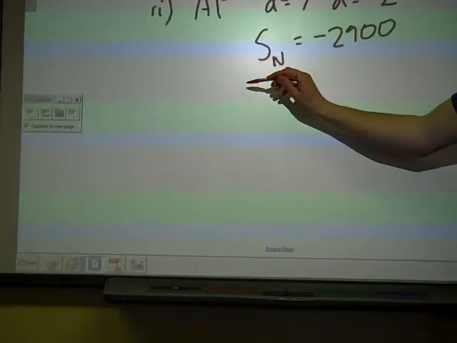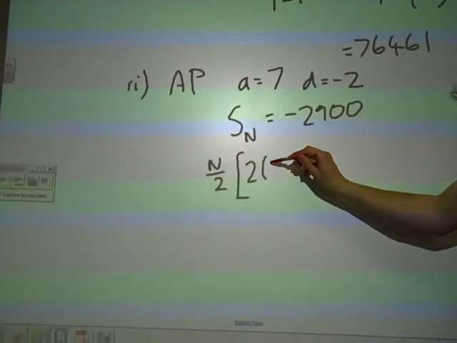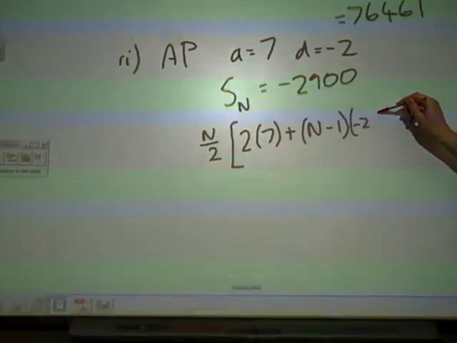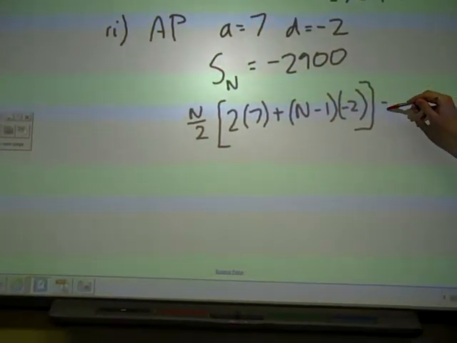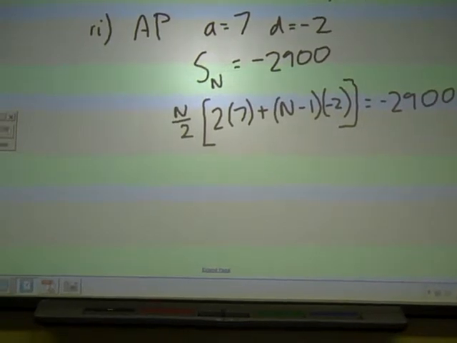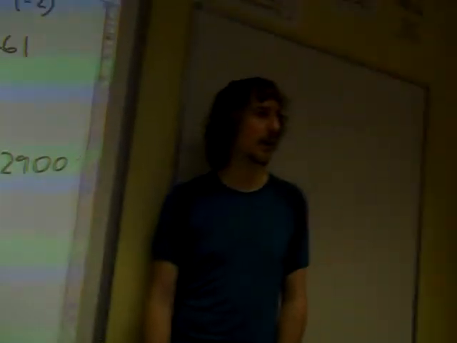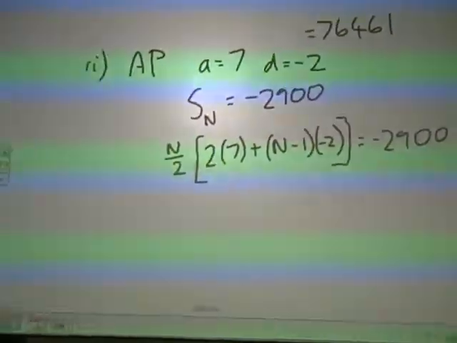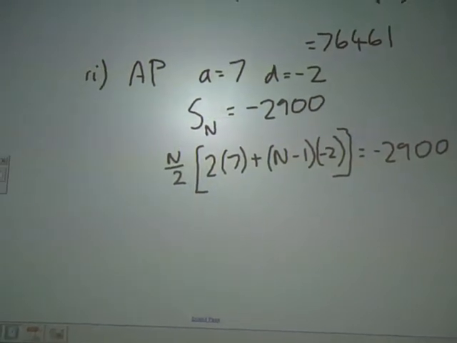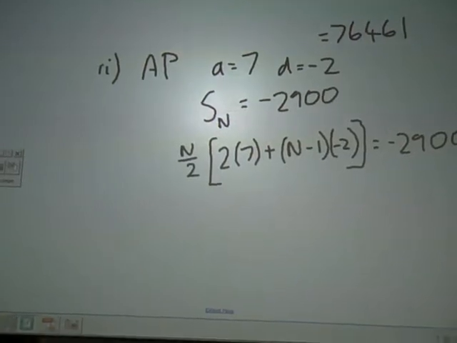It says n over 2, 2A plus n minus 1 times D, and that's going to be equal to -2,900. Can you see where we're heading towards with this? What kind of equation are we heading towards? Have we spotted it yet? We're heading towards a quadratic, we are.